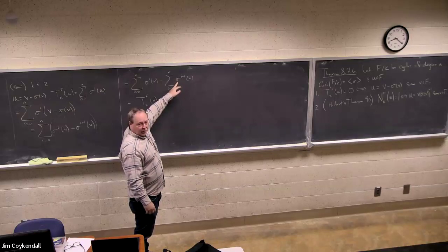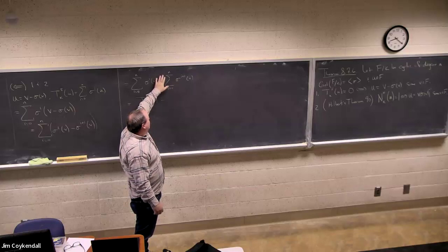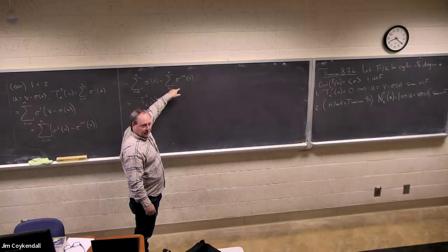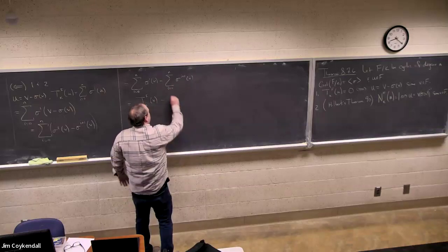Or another thing you could do is pull a single sigma out of here, and what's left is sigma times the trace of v, but the trace of v is in the base field, and so that's just the trace of v.